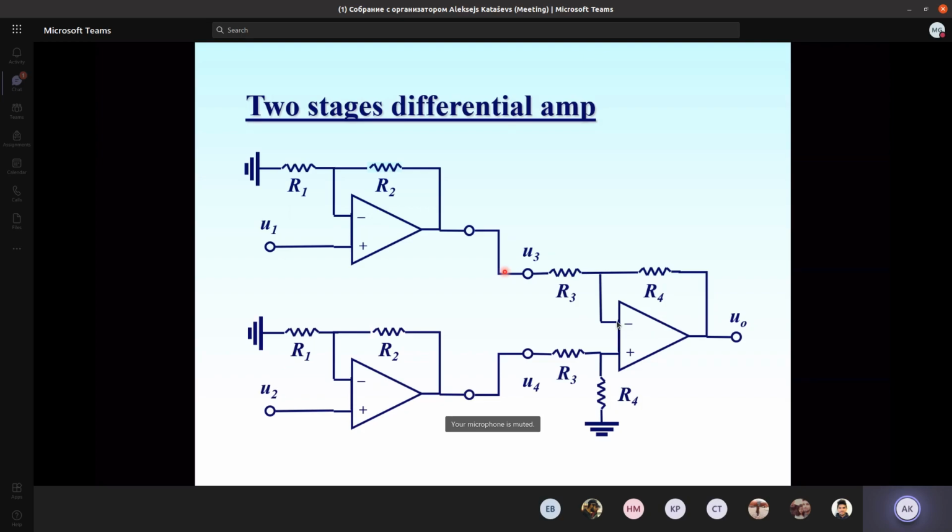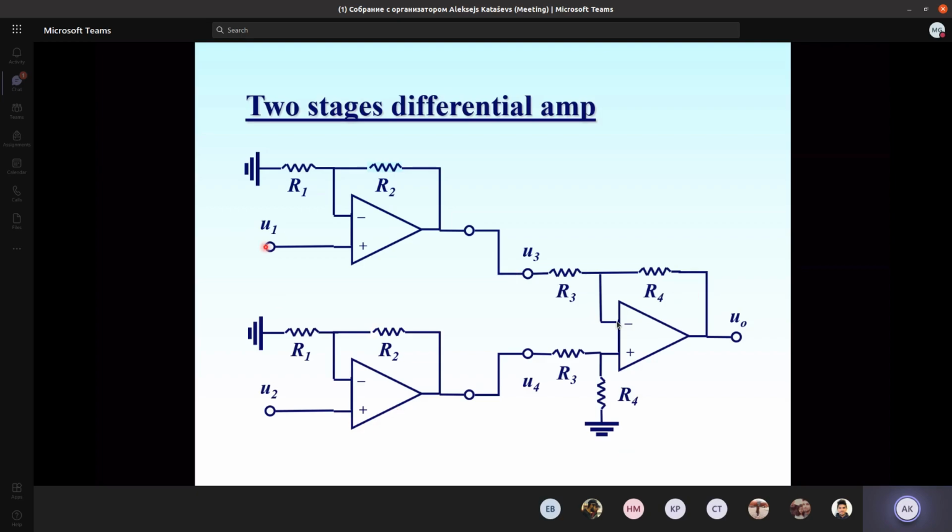This circuit may be used, but it has one additional drawback, that the first stage actually doesn't work as a differential stage. It has to take U1 and amplify it as high as possible, or take U2 and amplify it too. But sometimes we are interested in the difference between U2 and U1. Otherwise, we wouldn't use a differential amplifier.